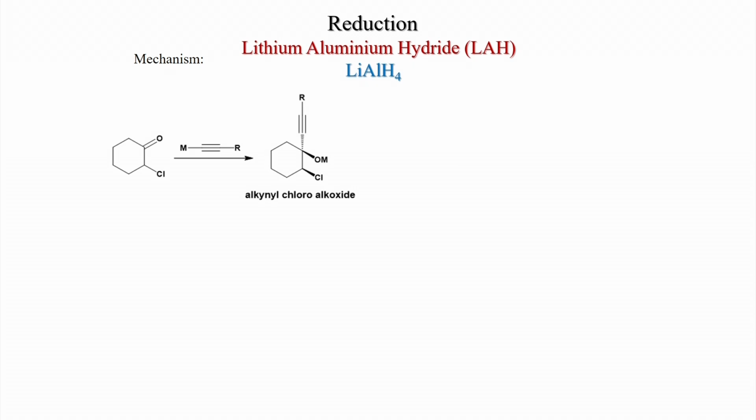So first, the carbonyl group is attacked by this Grignard reagent to generate this alkynyl chloroalkoxide, which after treatment with lithium aluminum hydride undergoes reduction like this. The aluminum hydride selectively comes from this way, so that aluminum will be on this carbon atom, and it can bind with the oxygen.